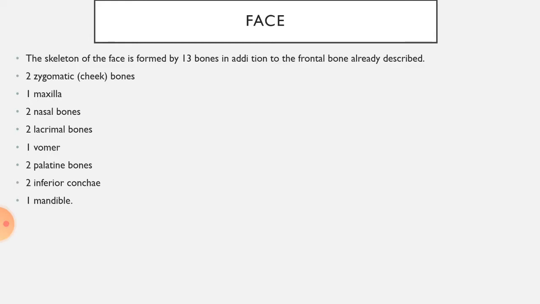Then the two nasal bones which join in the center, two lacrimal bones that lie lateral to the nasal bones, one vomer bone, two palatine bones which form the hard palate, two inferior conchae, which I have already told you are not part of the ethmoid bone, these are independent bones, and one mandible, which forms the lower jaw of your face.